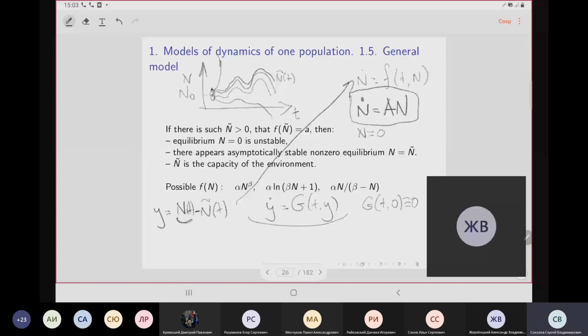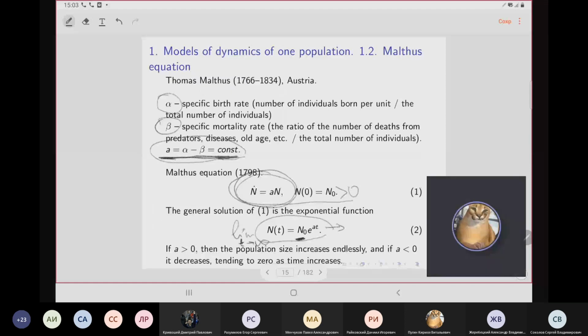When is it stable and when is it not stable? When a is negative, it is stable, and otherwise it is unstable. And why? Because if a is positive, then the exponent tends to infinity.